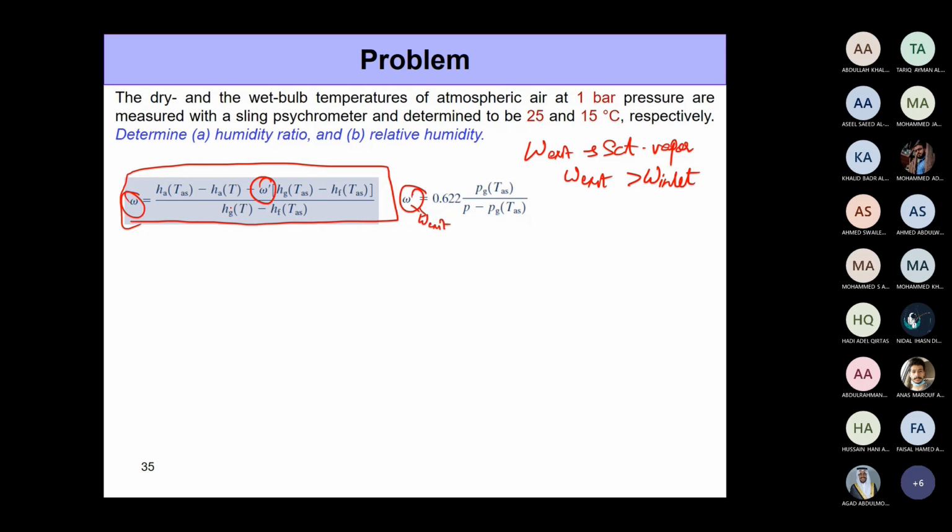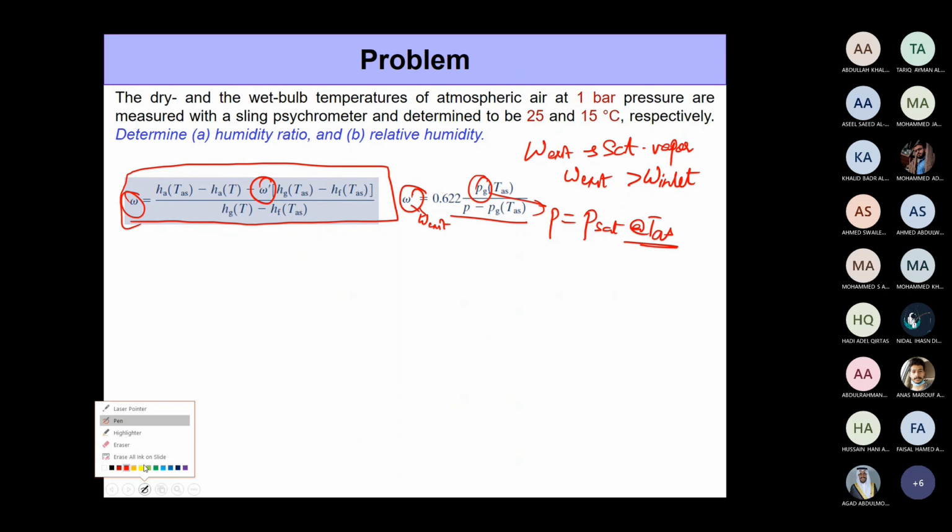Okay. So for us to calculate this, we need to first calculate omega at the exit. And omega at the exit is simply given by this formula, where the partial pressure of water vapor is equal to P sat at the adiabatic saturation temperature. Now, why is it adiabatic saturation temperature? Well, simply because the moist air comes out as saturated vapor at the adiabatic saturation temperature.